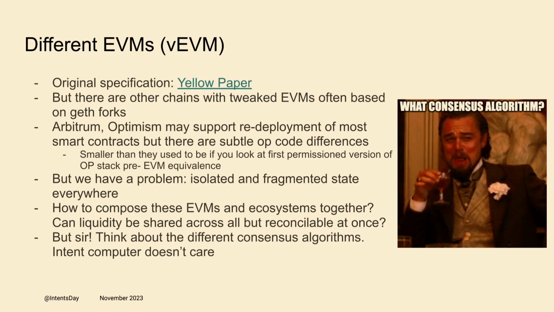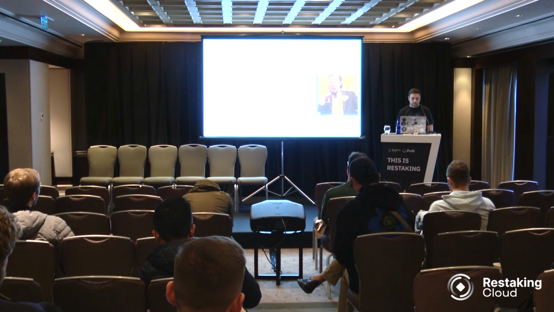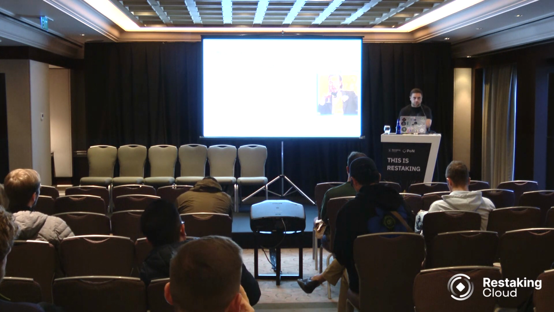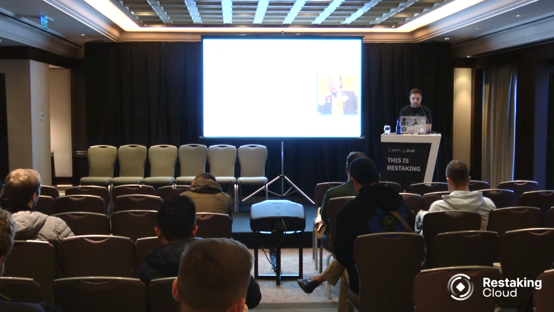Or you can have alt layer ones that have geth as a base, and they've made the various changes they need to support their chain. The original EVM specification was done in the yellow paper, and that's what Ethereum is implementing, and it has obviously changed throughout the years with all the EIPs and hard forks that have taken place.